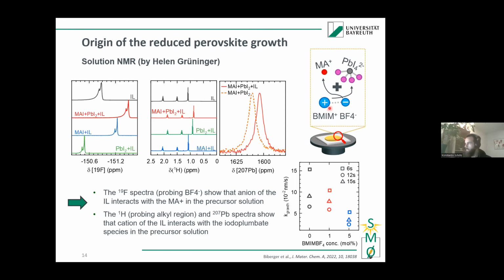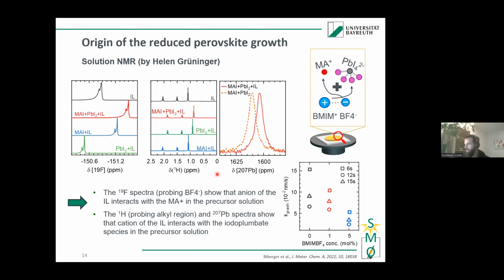So this BMMI plus interacts with this PbI4 2-, or with these iodoplumbate complexes. So indeed, we have an interaction of the ionic liquid with the precursor states, which is responsible for the change of the growth rates and the crystallization dynamics that we saw.